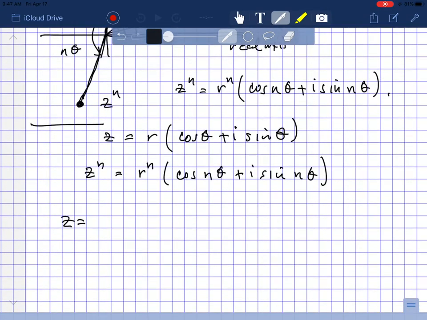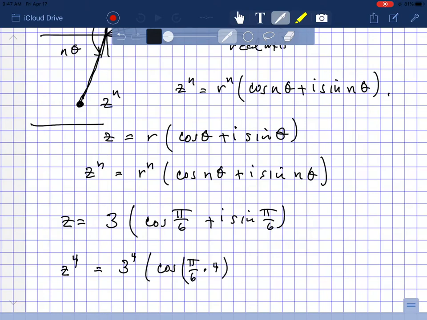So if I have z equal to, let's make it, 3 times the cosine of pi over 6 plus i times the sine of pi over 6, and I look at z to the 4th power, this is equal to 3 to the 4th power times the cosine of pi over 6 times 4 plus i times the sine of pi over 6 times 4.